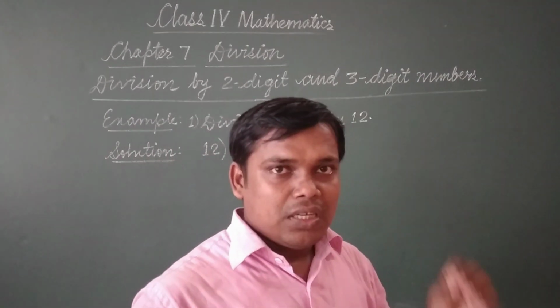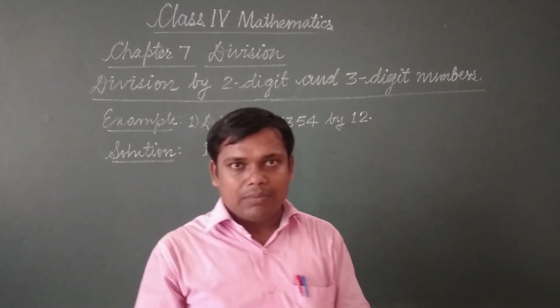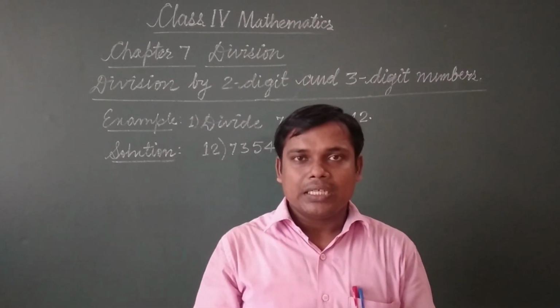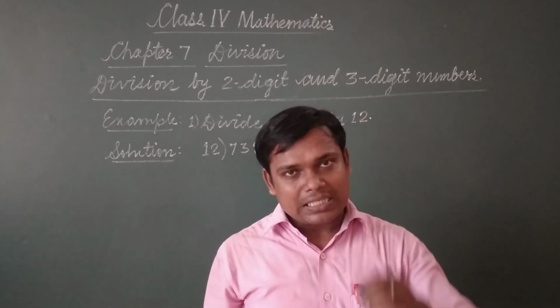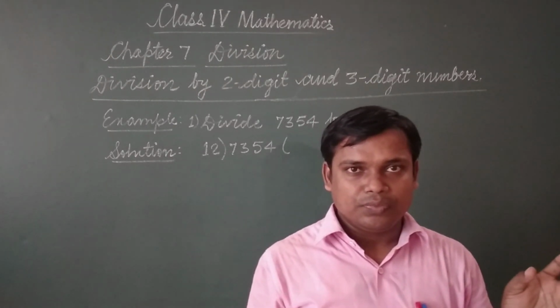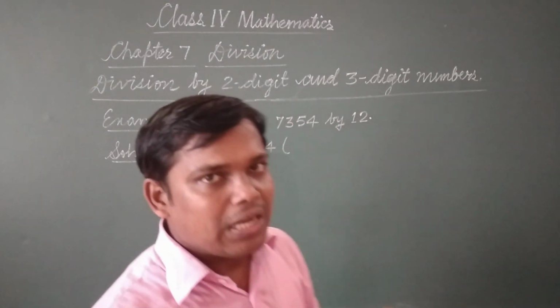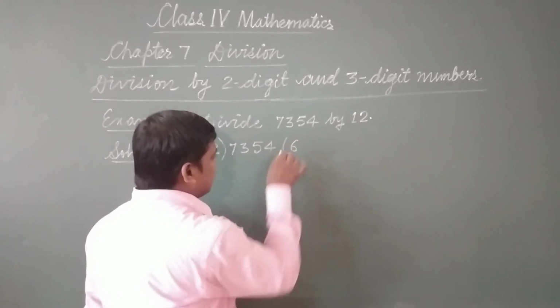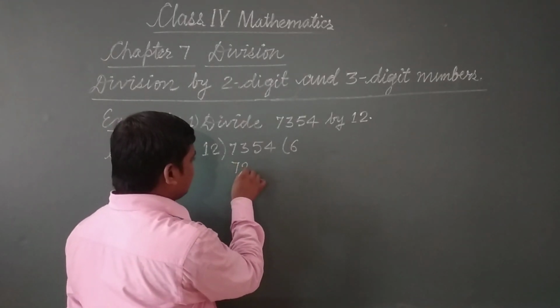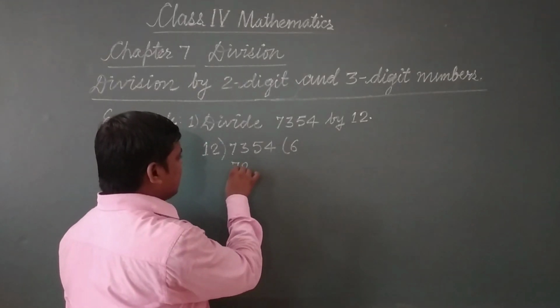73. Now we read the table of 12 to reach up to 73. It will be less than or is equal to. So when you read the table of 12, you will find 12 6s are 72 and 12 7s are 84.